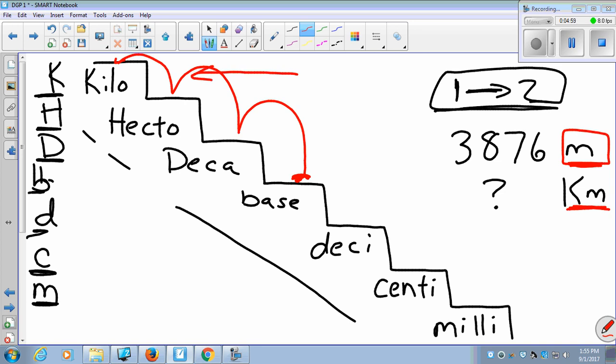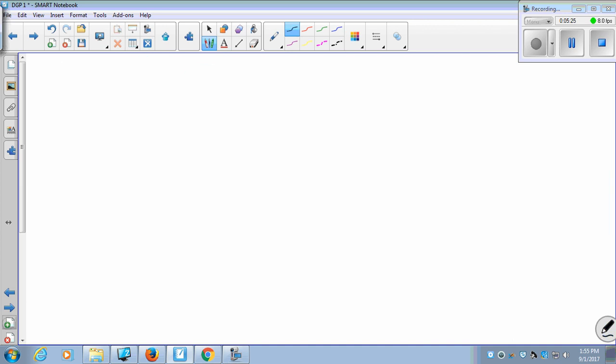Now I come back over here and you can see where I've put the decimal place for meters, and I go 1, 2, 3 bumps to the left. My answer, of course, 3,876 meters is the same thing as 3.876 kilometers. Now, guys, we can do this with absolutely any unit that we want.